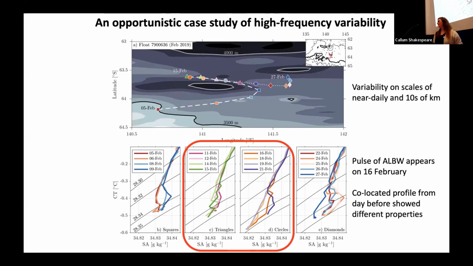So it's right by where we think Adelie Land bottom water, or dense shelf water from the Adelie Land coast, is coming off and going down the slope. So it's again in between that seamount and continental slope. Okay, yeah. So each of the colored symbols on the map is a profile that the float took. And it starts its trajectory shown here in this southwestern corner.